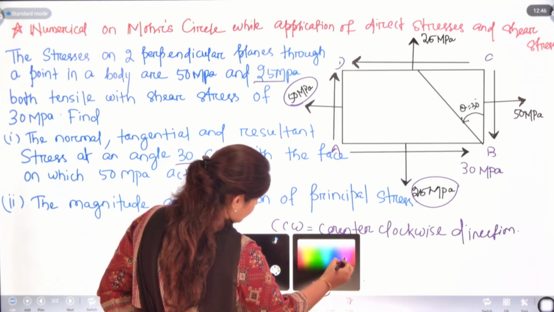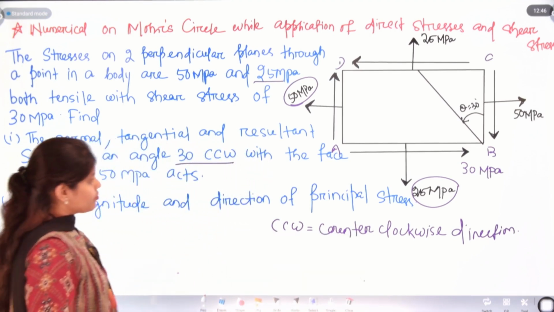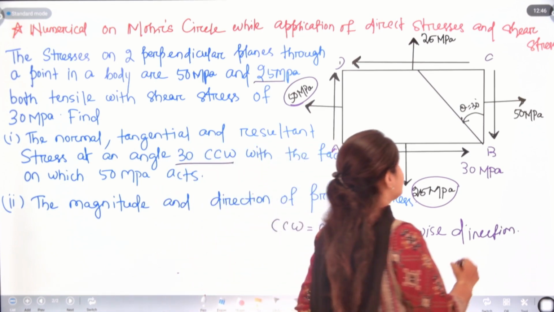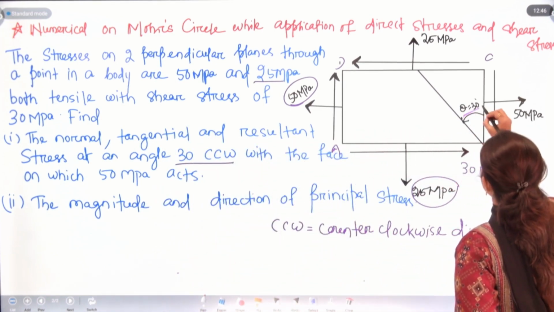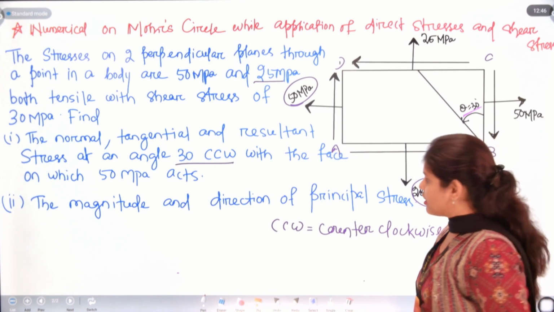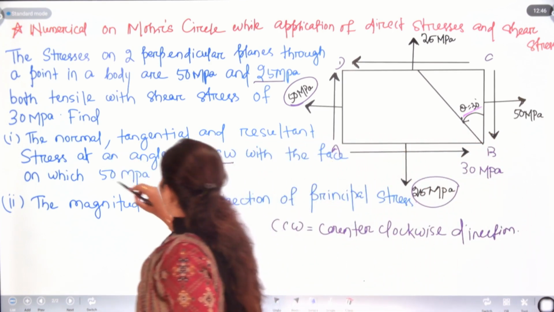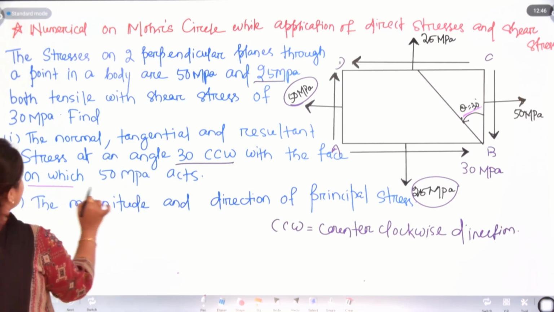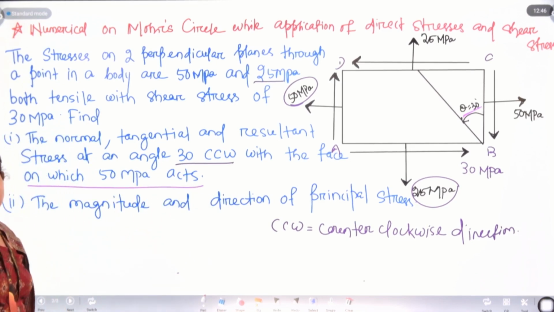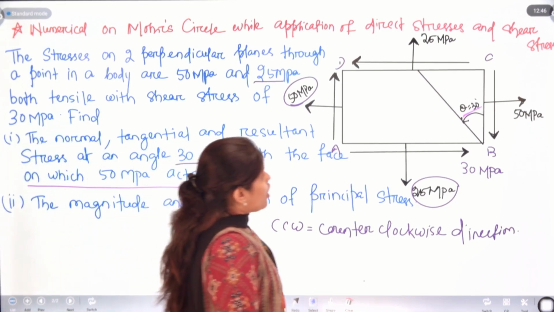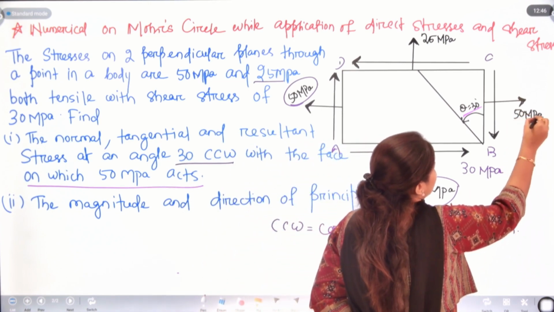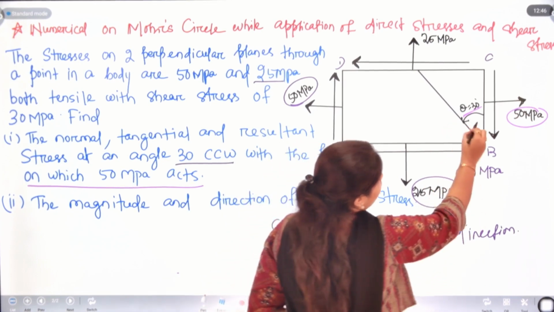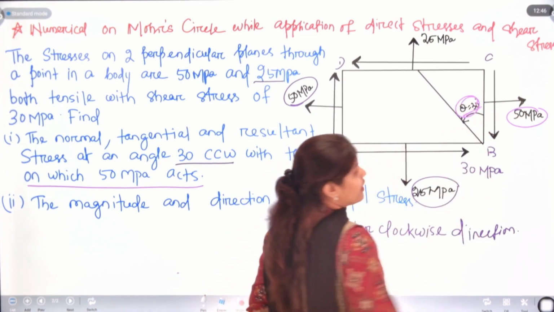So, we know the angle will be in the anti-clockwise direction, that is theta will be 30 degree. At an angle 30 degree CCW with the plane on which 50 megapascal acts. On whichever plane the 50 megapascal stress is applied, on that plane theta will be measured.